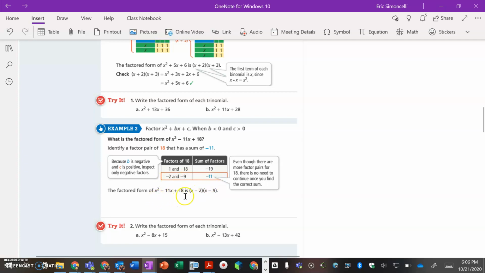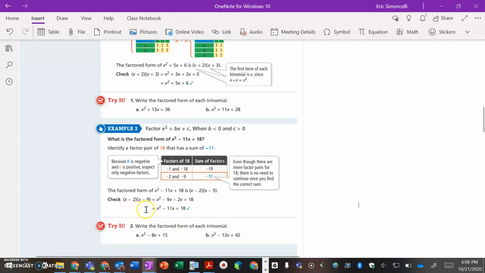So the factored form of this quadratic trinomial is simply x minus 2 times x minus 9. So again, we're working backwards, so to speak, by unfoiling, I guess you could say, the original problem. To check your answer, yet again, we can always foil.